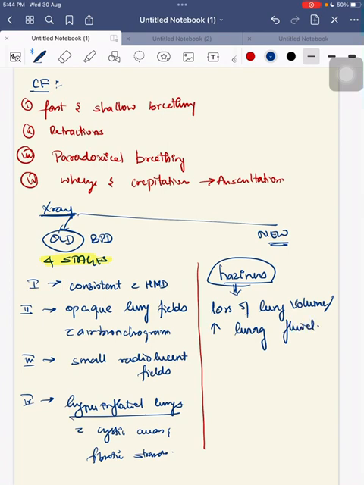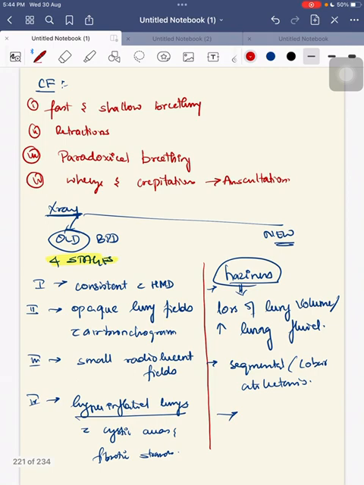The child can also have a segmental or lobar atelectasis, but there won't be any hyperinflation. While in old BPD, the child will have hyperinflated lungs, in new BPD, the child will not have any hyperinflation. Okay, this is about the X-ray findings in a child with BPD.